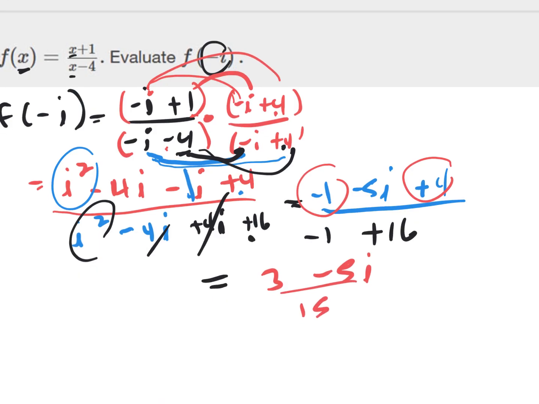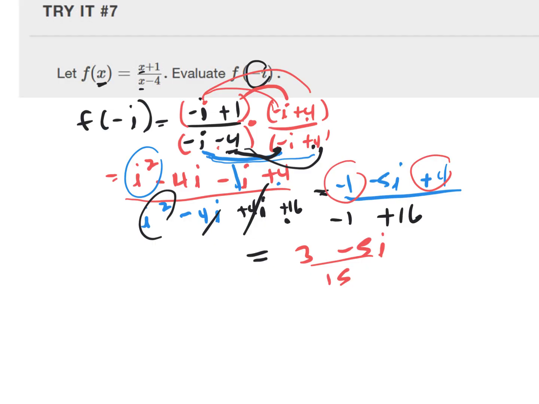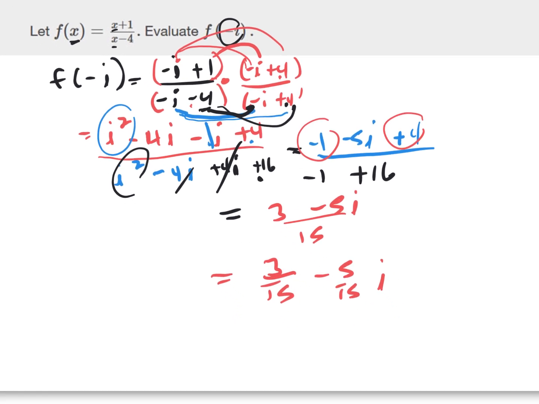So if I do the same trick, write the 3 out of 15 minus a 5 out of 15i, the first fraction reduces. 3 goes into 15 5 times. That becomes 1/5.